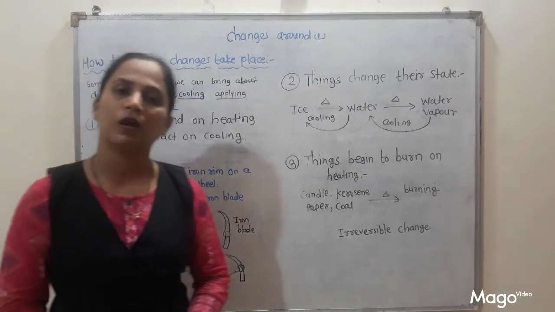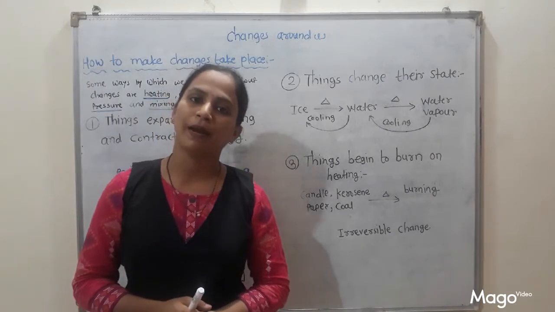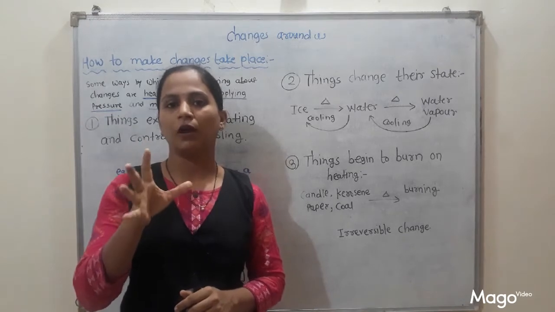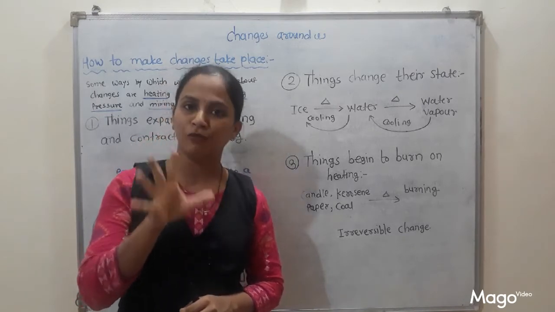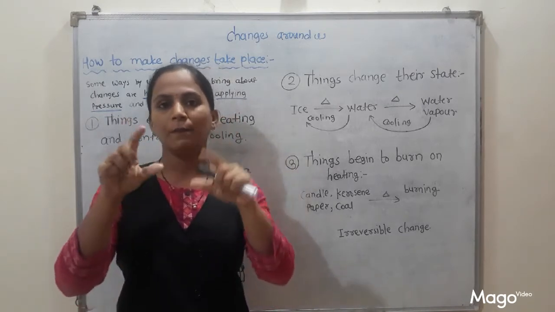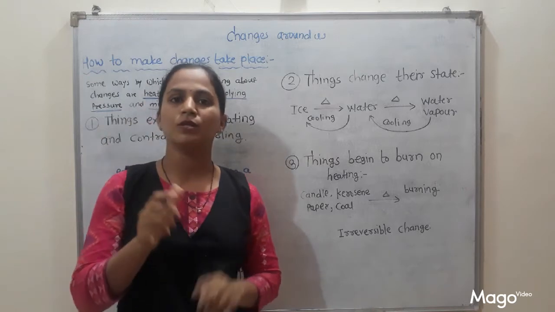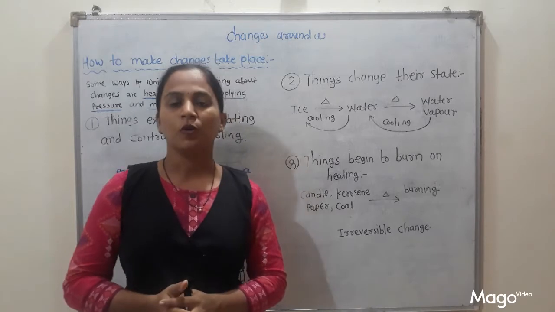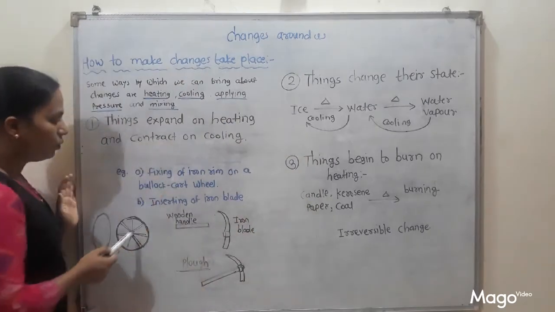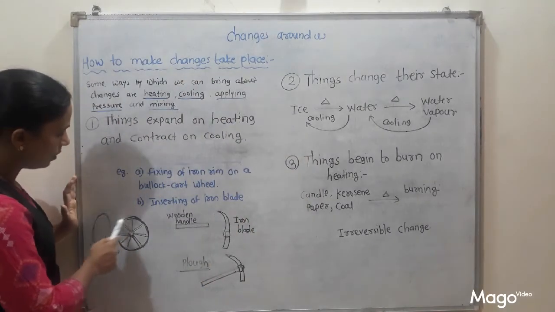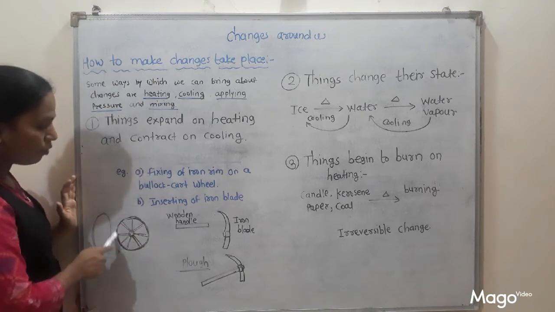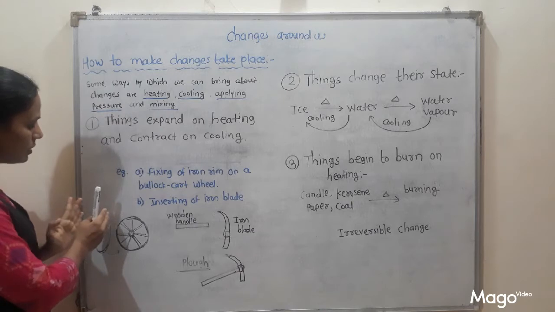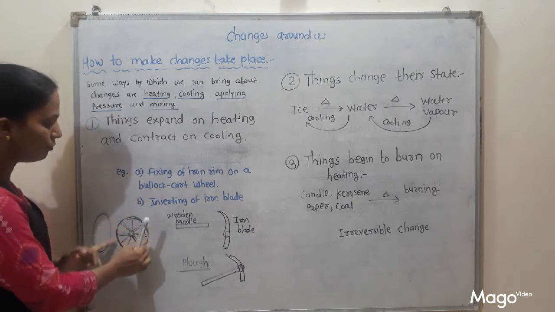Normally, the wheel of a bullock cart is made of wood, but an iron rim is fitted outside the wheel to make it last longer. Originally, this rim is smaller than the wheel.